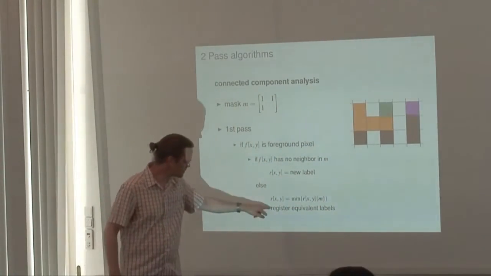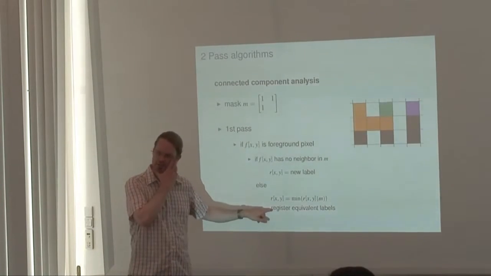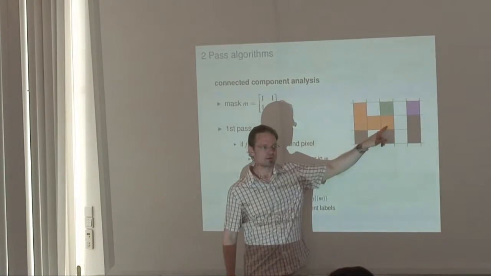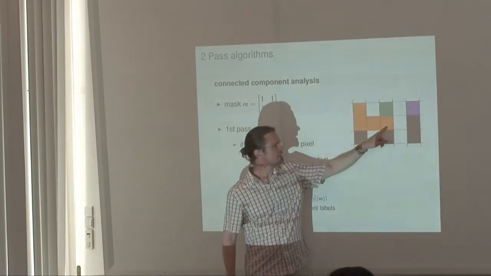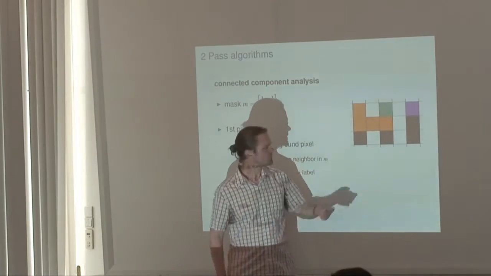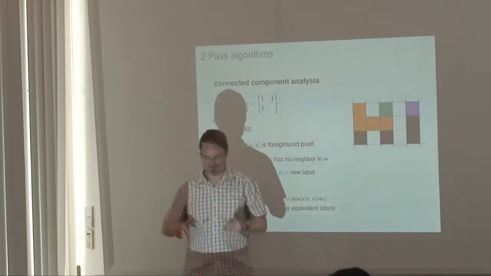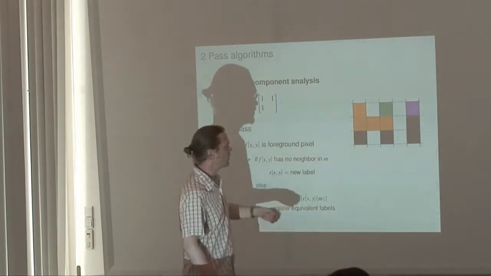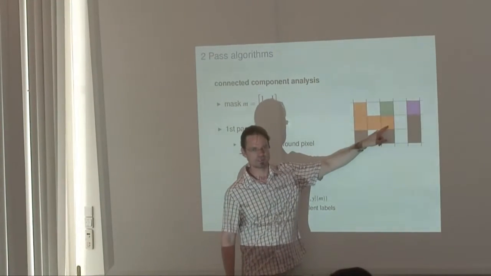And now this matters, right? Because working on this pixel, we realize that the label 2 and the label 1 are actually equivalent, right? Because the regions we have labeled so far in this image now become connected at this pixel.